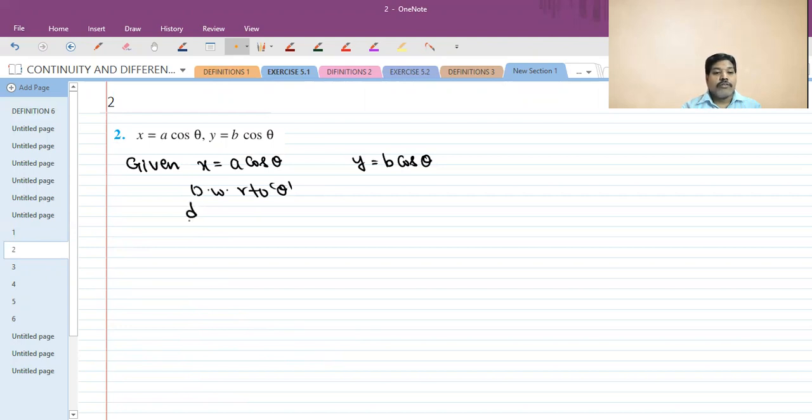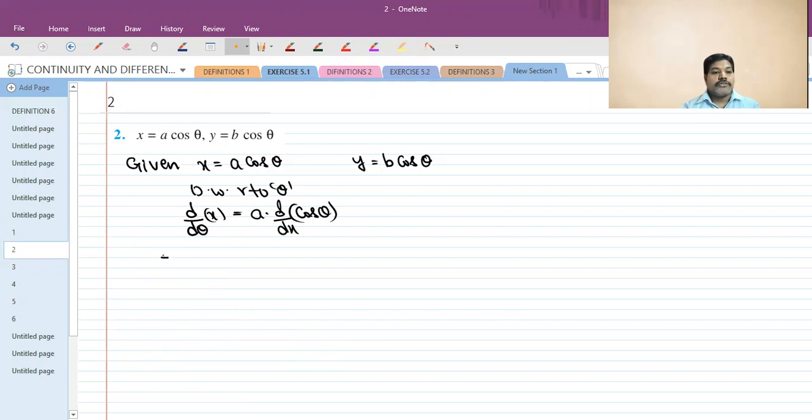So automatically, we are going to differentiate that. You can take this one, that is d by d theta of x. So that is equal to a into the derivative of cos theta.